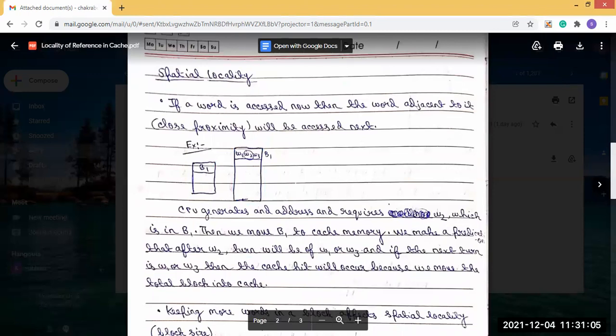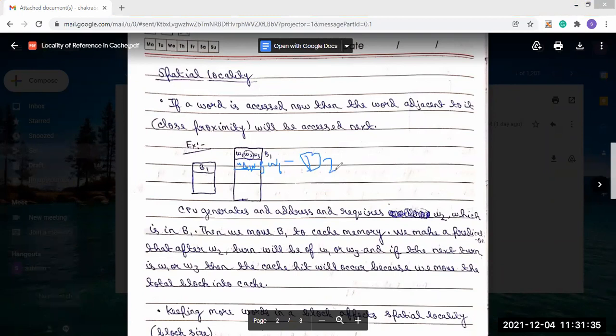From here, we can say that in a block, if we accommodate more words, that means, let's say in block 2 we have word number 4, word number 5, word number 6. These three words are present in block number 2.